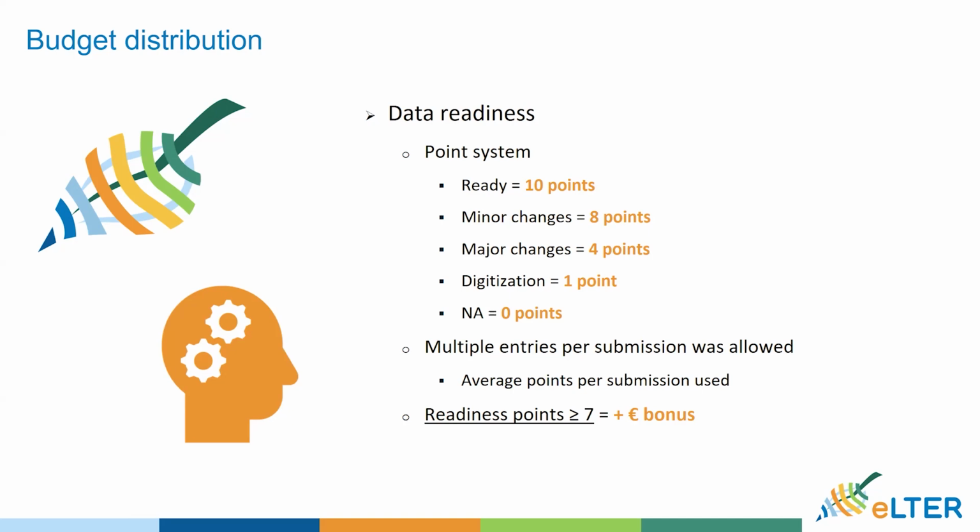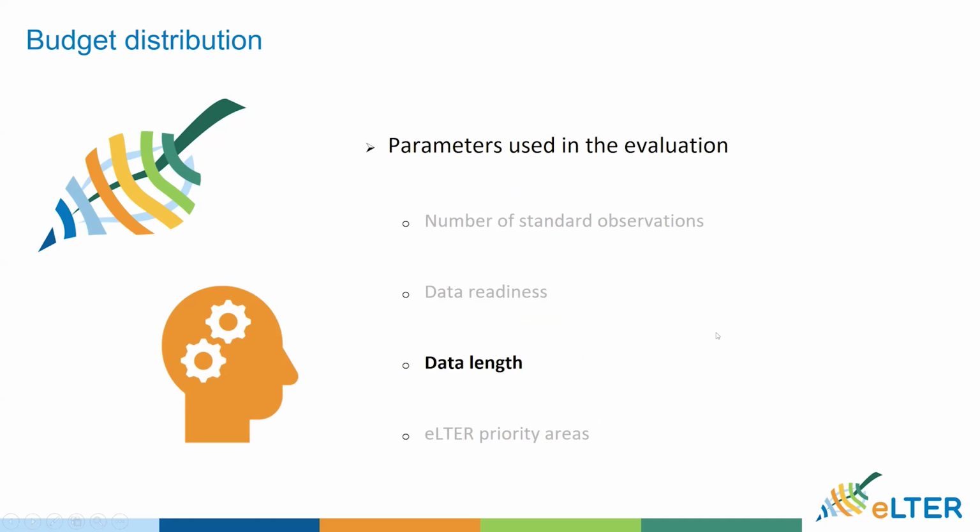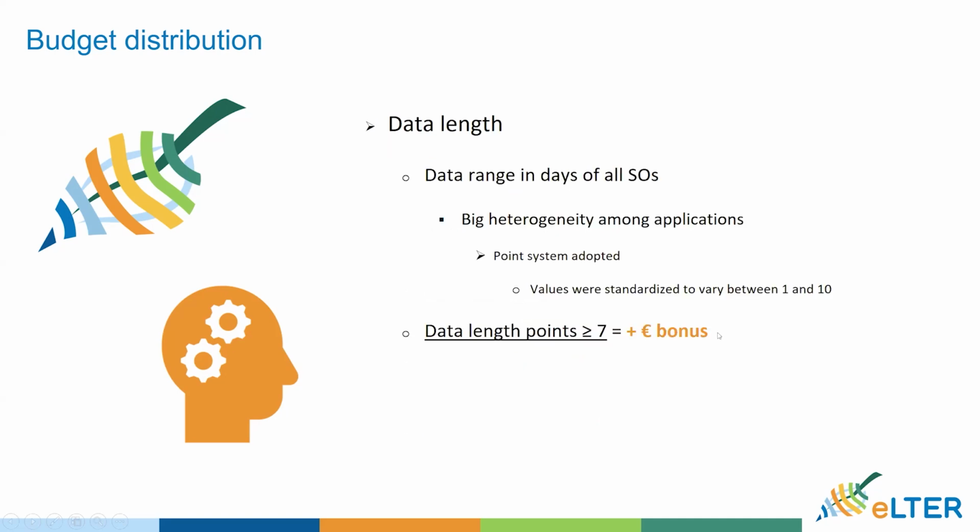The next point that we evaluated was the data length, and this is essentially the range of dates that you were promising to submit data. We count all these lengths for all the standard observations that were offered, and then we count by the number of days.